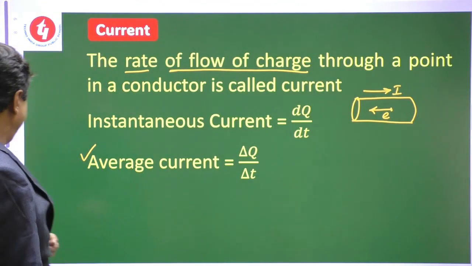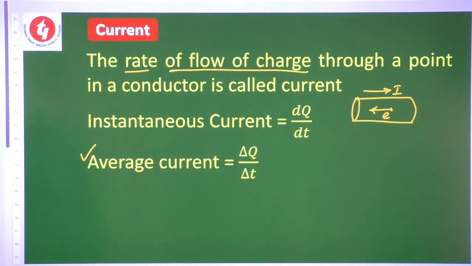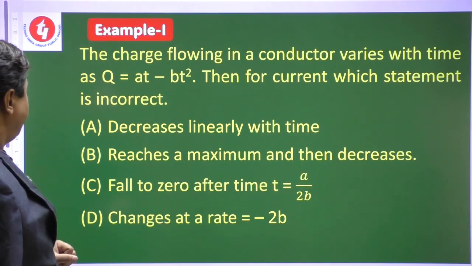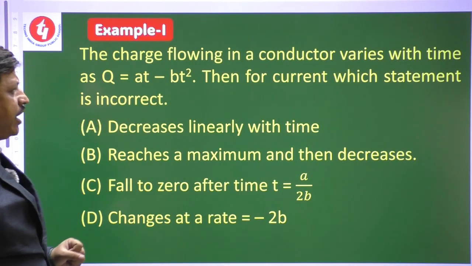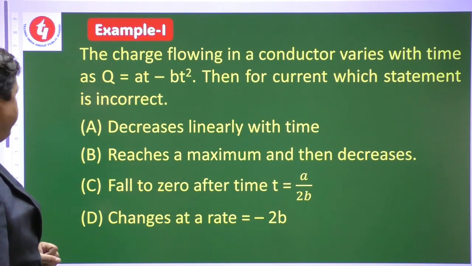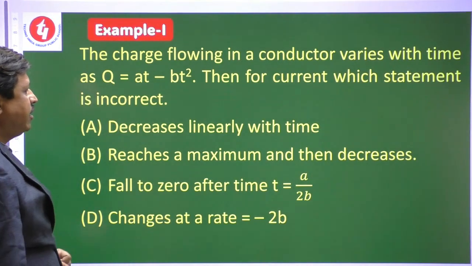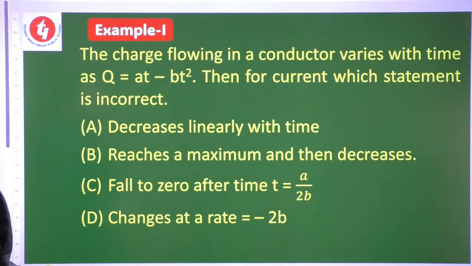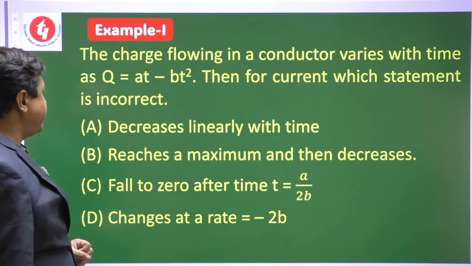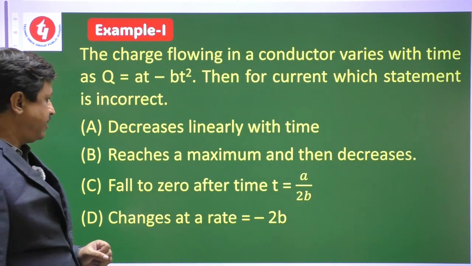Say in this numerical, the charge flowing in a conductor varies with time as q = at - bt². Then for current, which statement is incorrect?